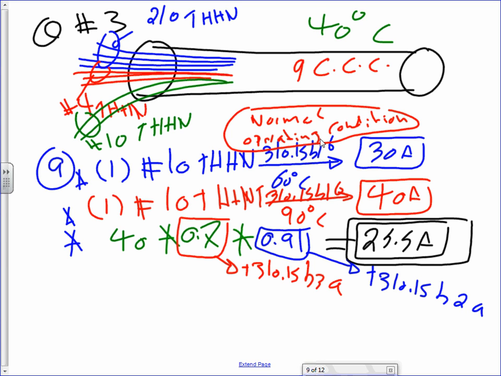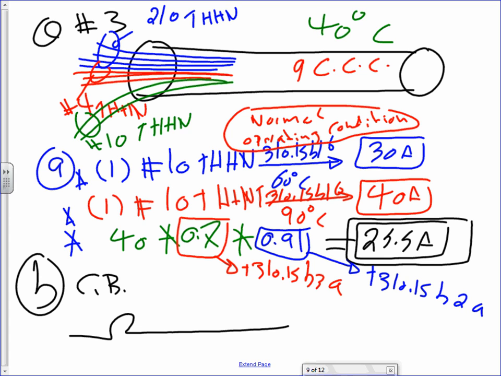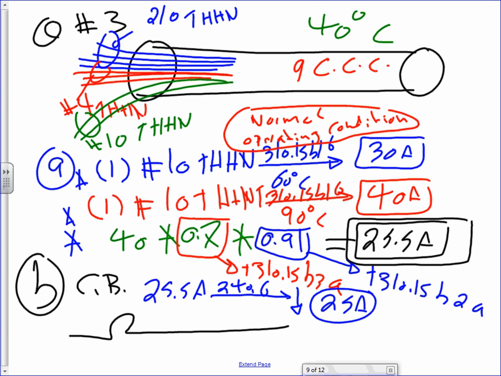Okay. Now B is for the overcurrent device. B is the circuit breaker. What circuit breaker do I need to land on this conductor? For the circuit breaker, guys, you take the 25.5 amps, you take it to 240.6, and you go down to 25 amps. So the overcurrent device here can be 25 amps.